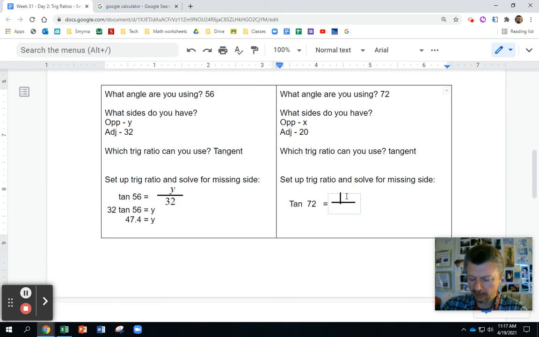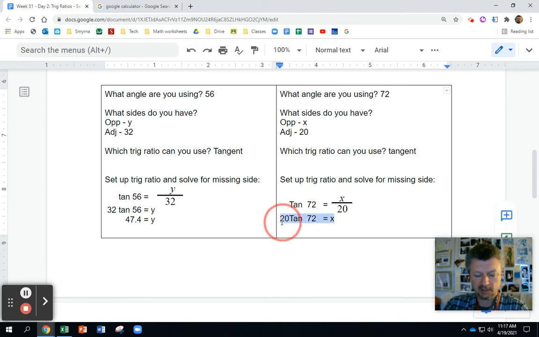We have x over 20. Okay, so now we're going to multiply by 20 on both sides, just like we did on day 1. Now on the right side, when you multiply by 20, it cancels out the 20, so it's just x.